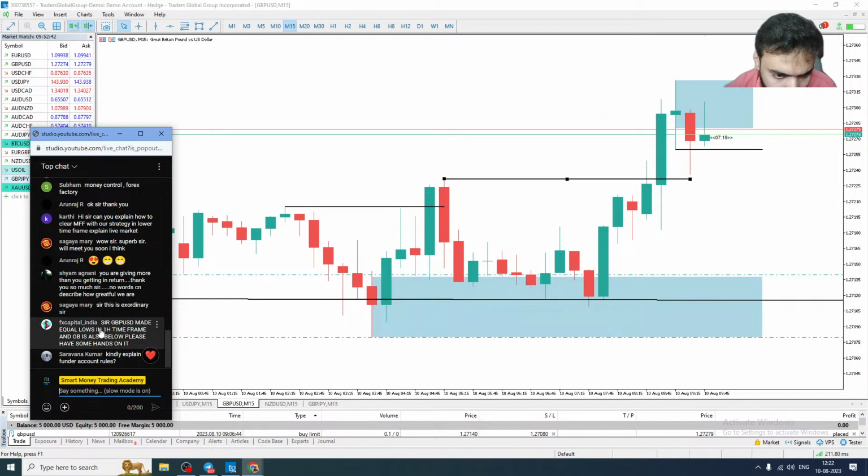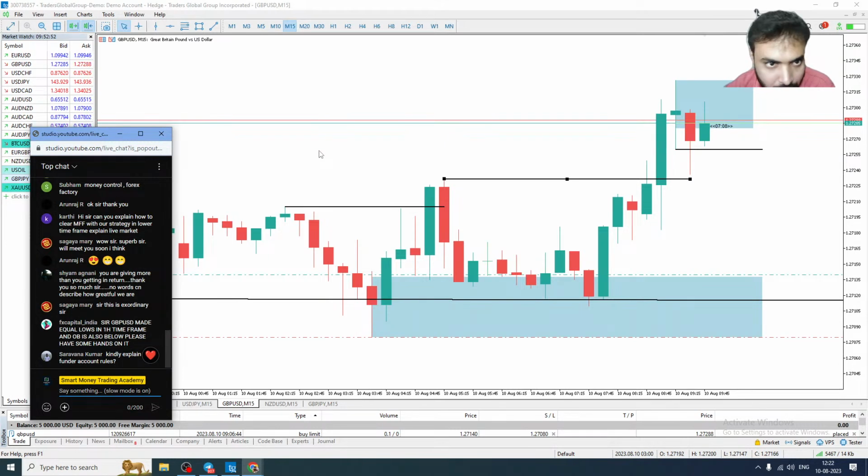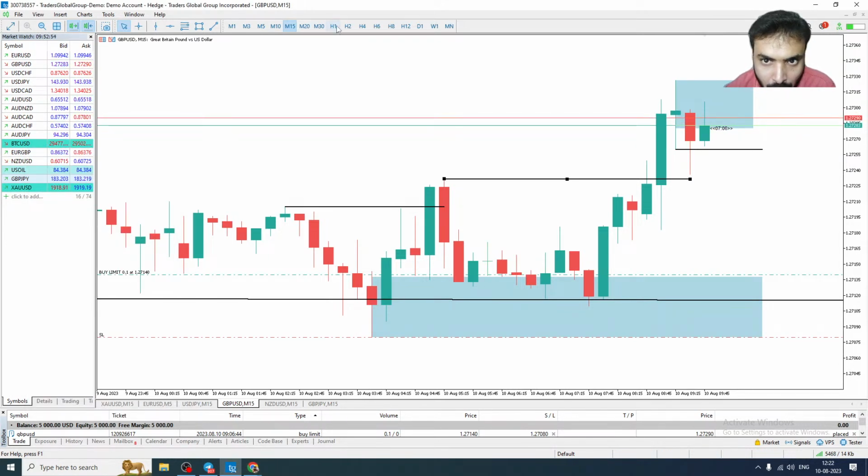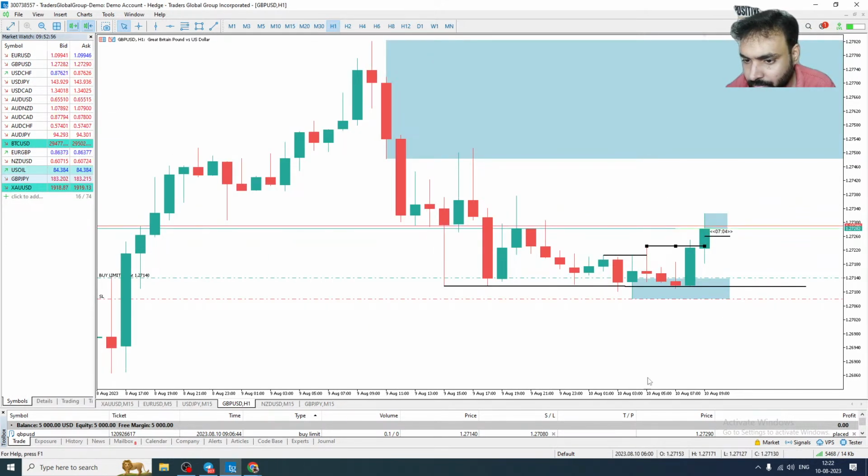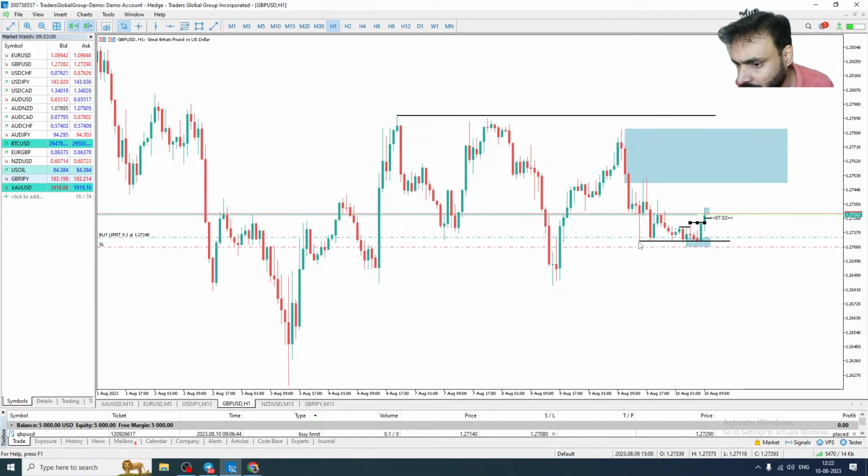Sir, GBP USD made equal lows in 1 hour time frame, and OB is also below. Please have some answer. Okay, thank you for mentioning that. GBP USD 1 hour equal low. This one you are saying? I think this is the one you are saying, right?